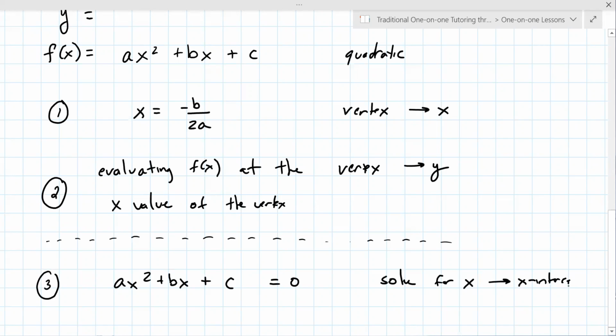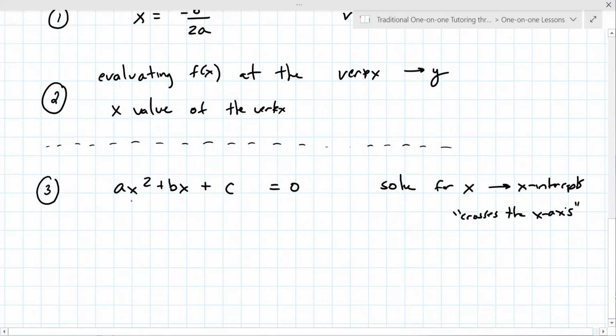These are where it crosses the x-axis. Okay. And some potential ways you might do that would be factoring, quadratic formula, graphing is probably the most common way, I guess, when you're dealing with these problems. But there's only like 3 things that they could ask you for.